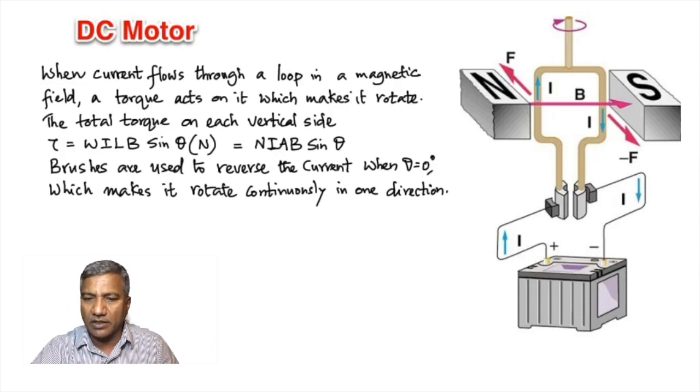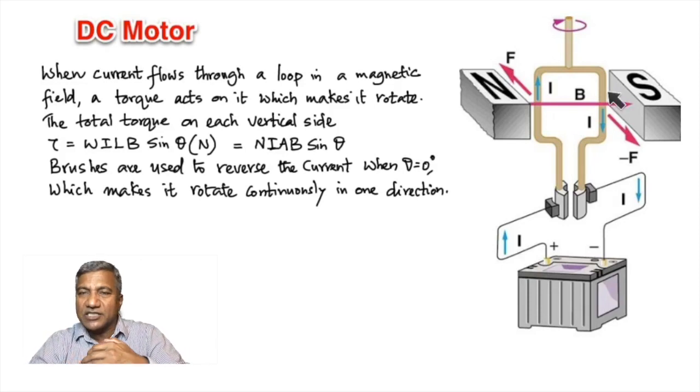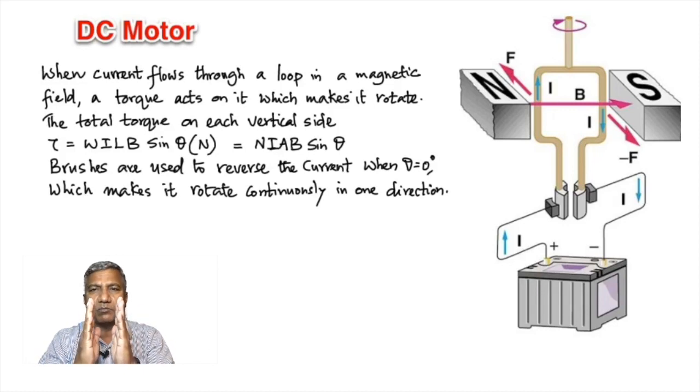And when the currents are reversed here, because of the brush arrangement, the currents also reverse, which makes it rotate in one direction. If you did not have the brushes and the split ring, then the coil would have gone this way. It would swing back and forth, which is not of much use.